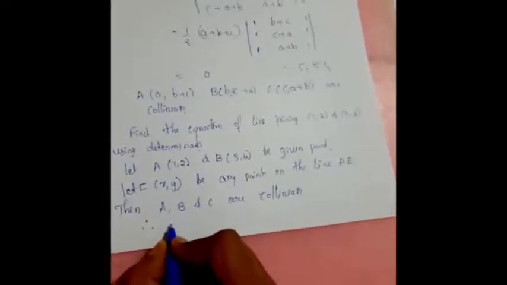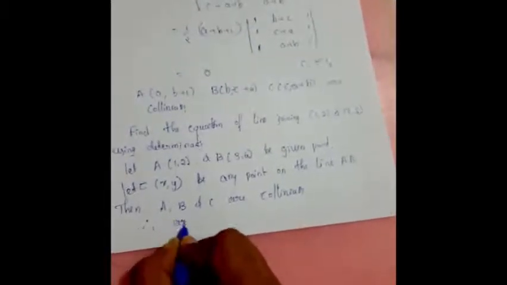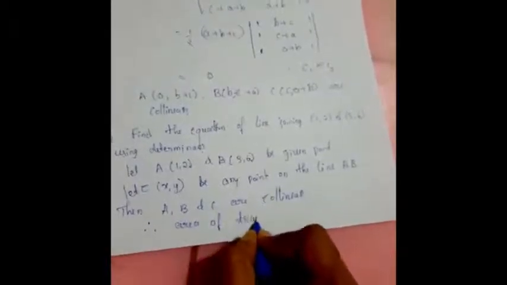Then you all know by the concept, if these 3 points are collinear, the area of the triangle is 0.